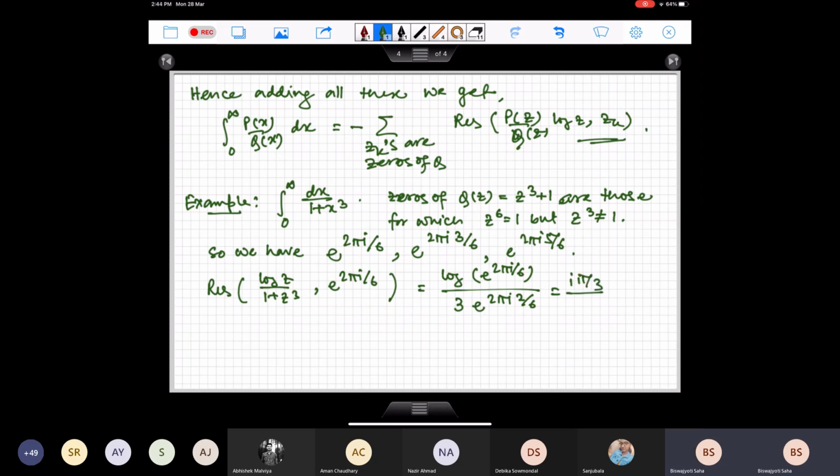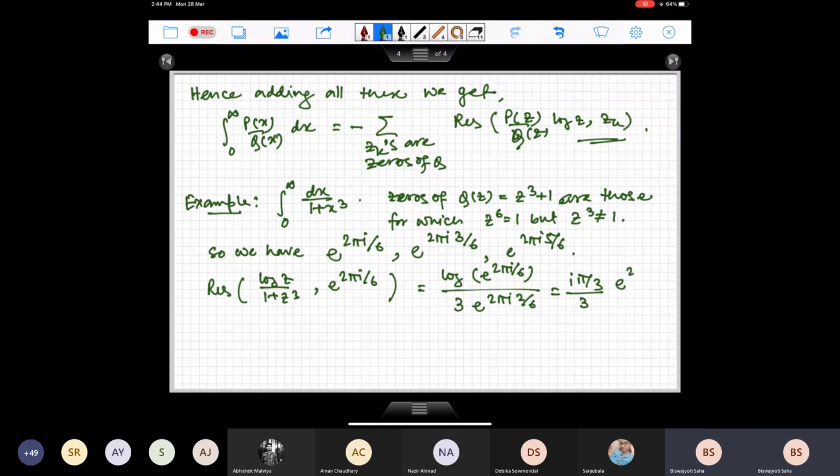In the denominator, I have a 3 over here, and I have e to the power 2 pi i 2 by 6. If I multiply by another e to the power i pi by 3, then below I will have e to the power i pi, which is going to be minus 1.